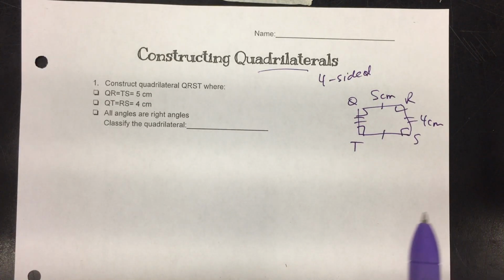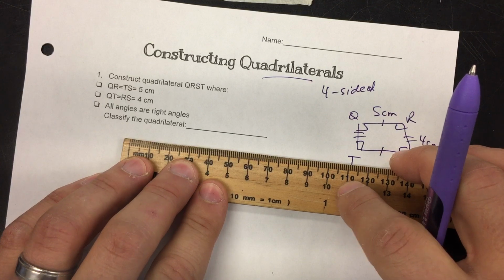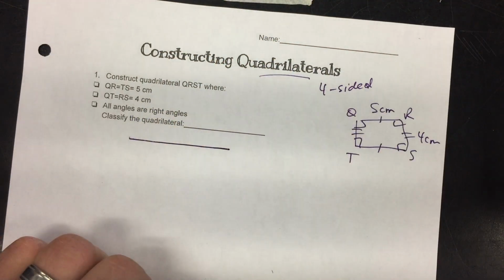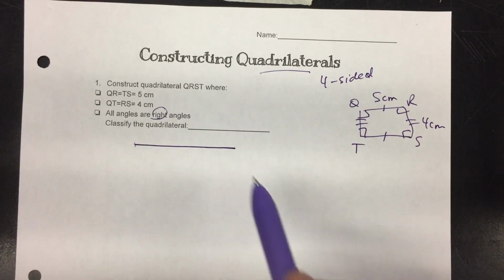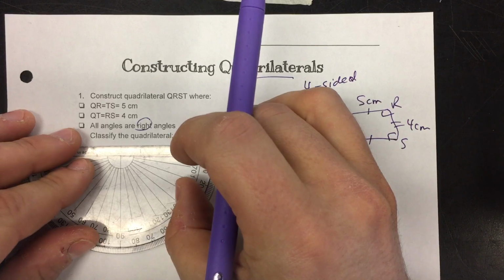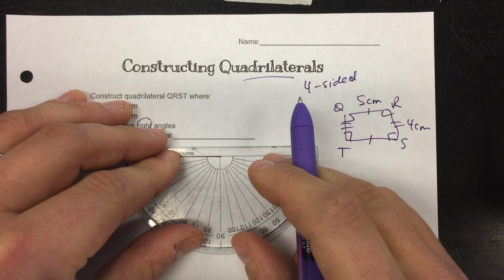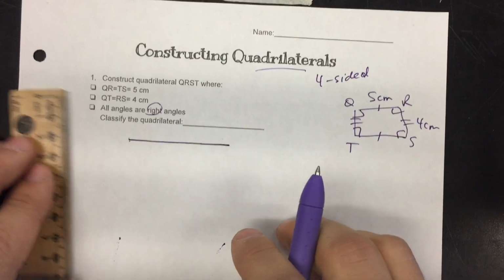So what I'm going to do first is I'm going to start off with my QR. So I'm going to draw it so that it's 5 centimeters long. And then I have to draw a 90-degree angle here and here. So I'm going to use my protractor. And then these side lengths are going to be 4.